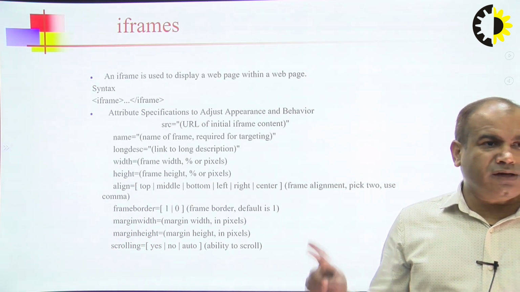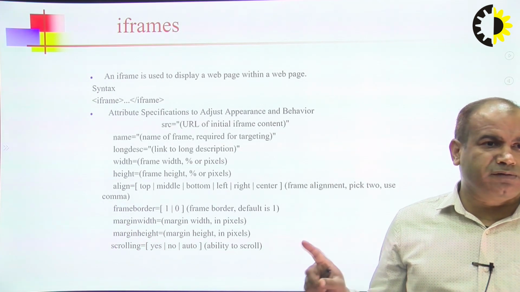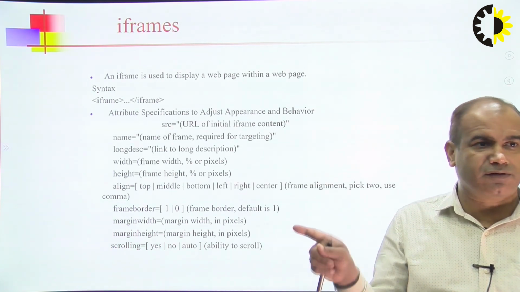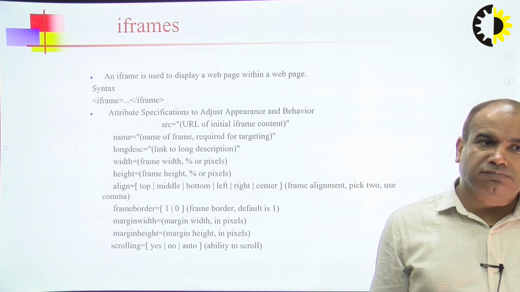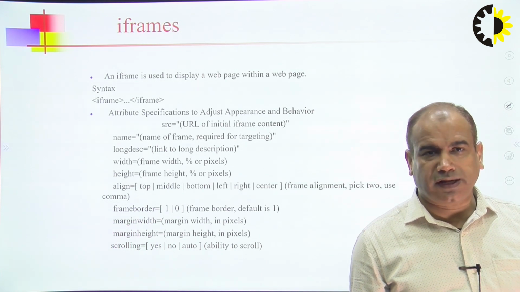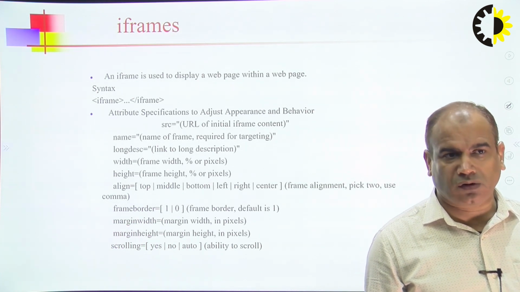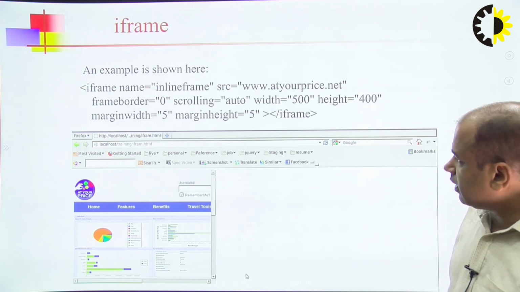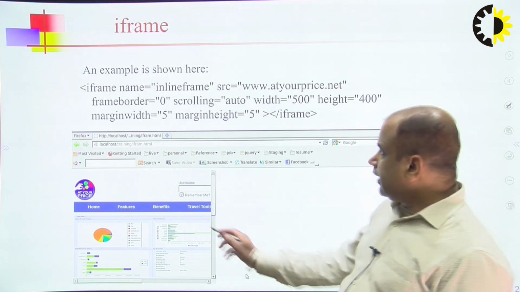Next, frameborder: if we wish the frame border to be there, the default value is 1. If we don't wish a frame border, the value is 0. Margin width in pixels, also margin height in pixels. Scrolling, if we wish, yes, no and auto. So you will see a normal iframe appear here.